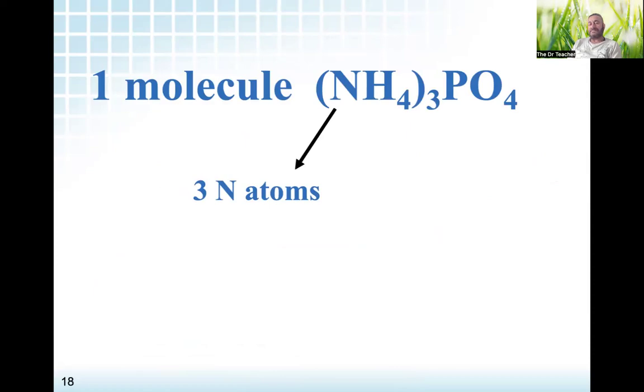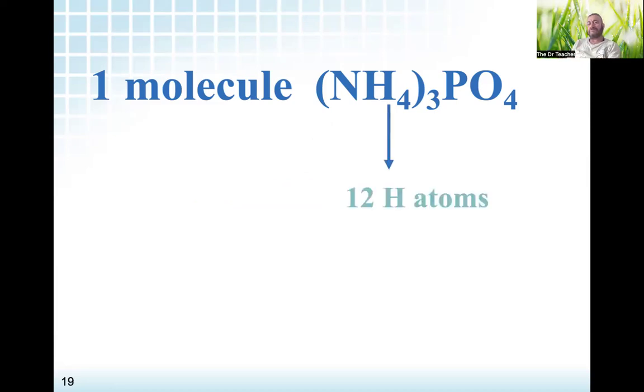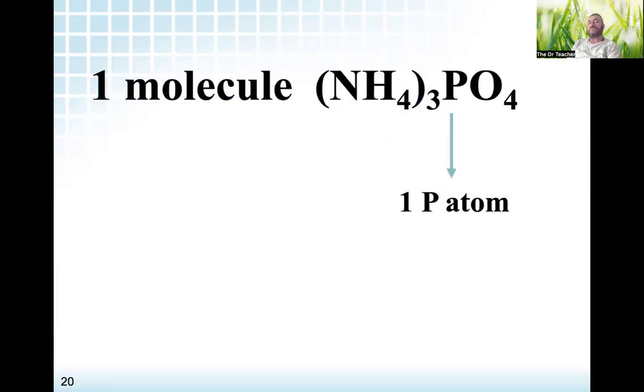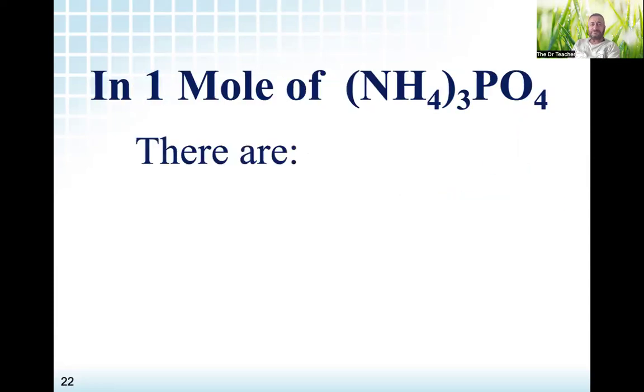Inside is 3 nitrogen: you multiply the number outside the parenthesis by the 1, so 1 nitrogen times 3 is 3 nitrogen. You have 3 times 4 hydrogen, which is 12 hydrogens. You have 1 phosphorus and 4 oxygen atoms.